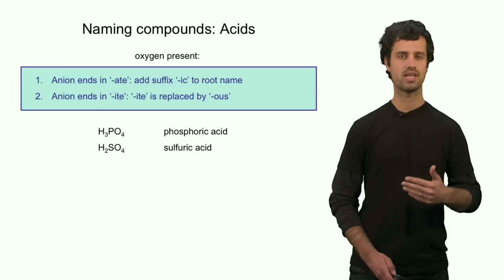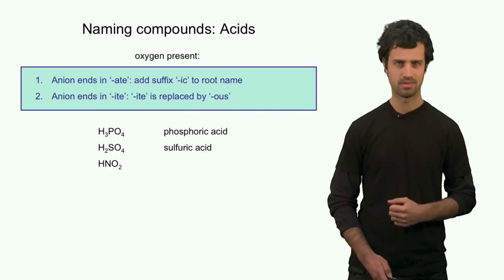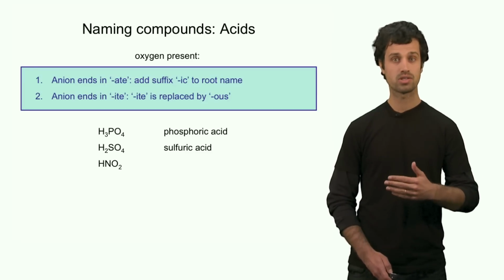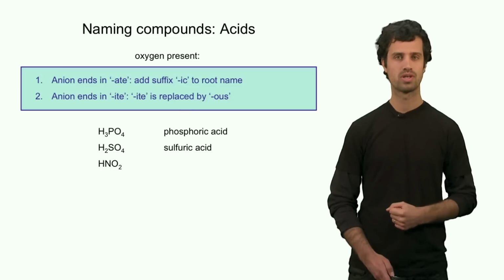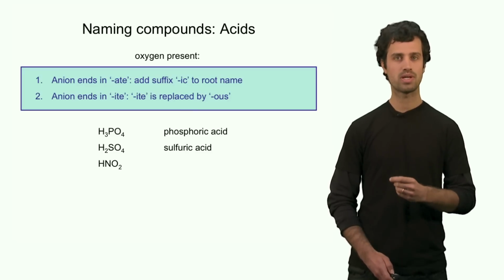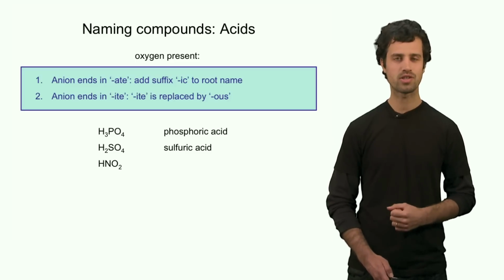It also ends in ate, so this becomes sulfuric acid. The third example contains polyatomic anions called nitrites. It ends in ite, so we substitute ite for OUS. Hence, this becomes nitrous acid.